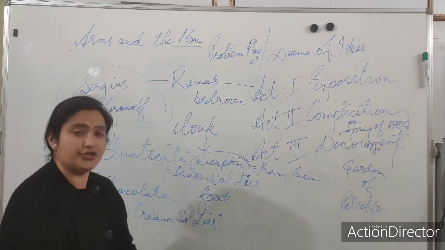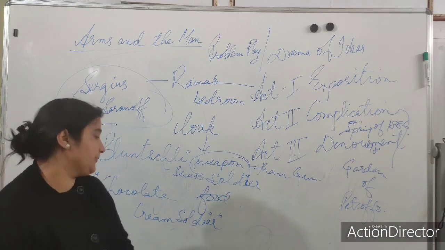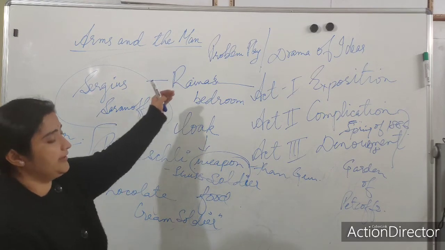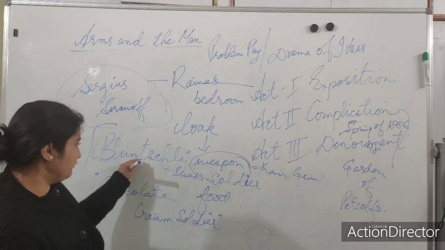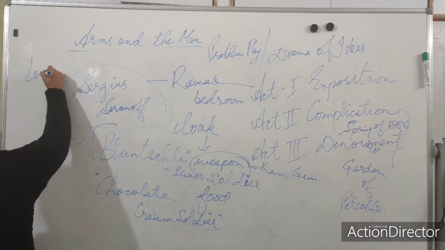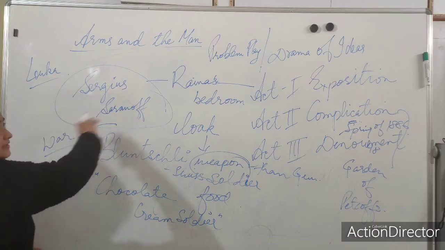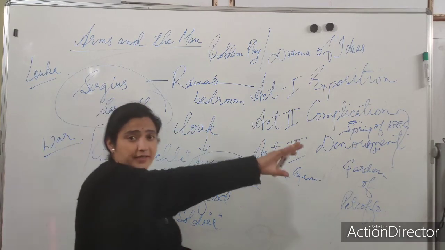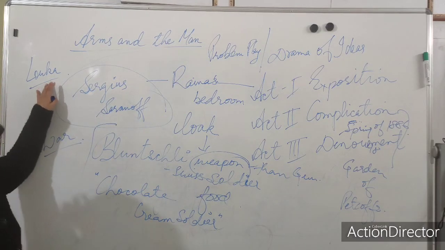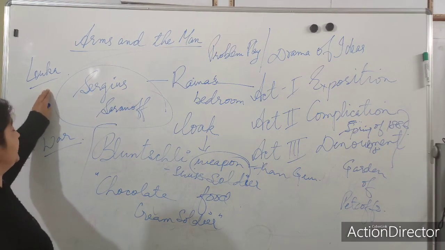And taking advantage, Louka the maidservant, taking advantage of this thing that Raina is developing feeling for Bluntschli, tells him, and you will see at places when Act 2 begins, we are already shown that this man has been flirting with Louka the servant, right?